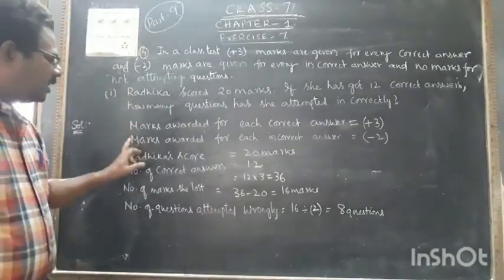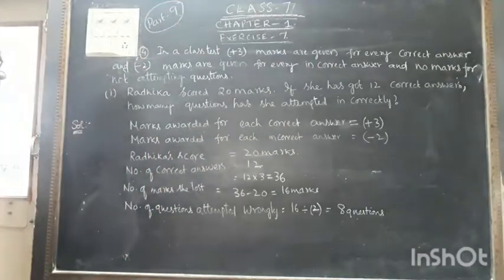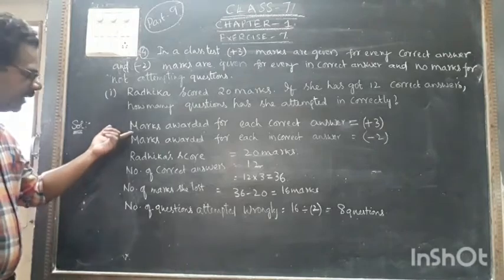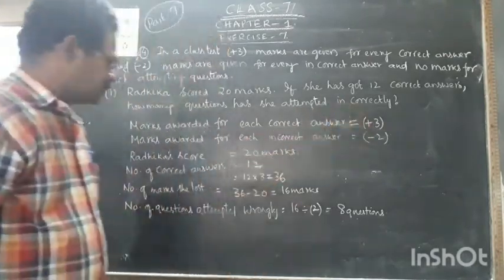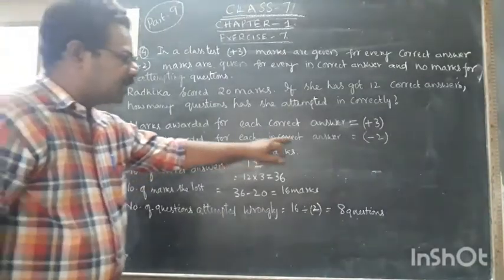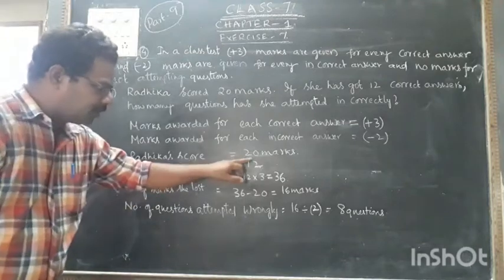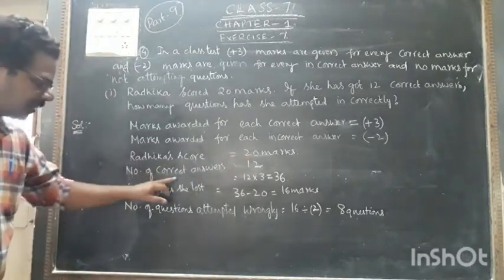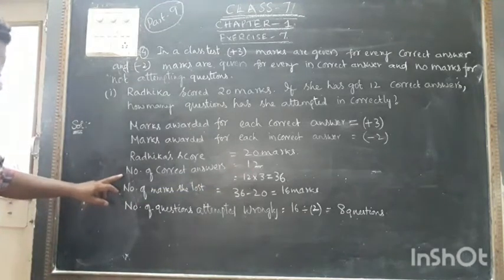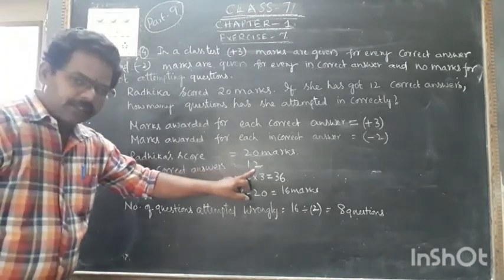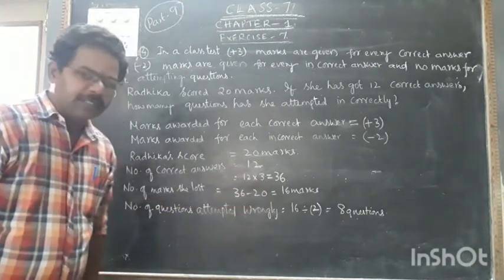See, in the solution we are explaining. Marks awarded for each correct answer is plus 3 marks. Marks awarded for each incorrect answer is minus 2 marks. Radhika's score is 20 marks. Number of correct answers she completed is 12. Number of marks she earned is 12 into 3 is equal to 36.